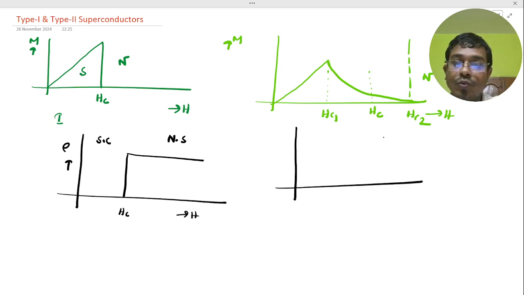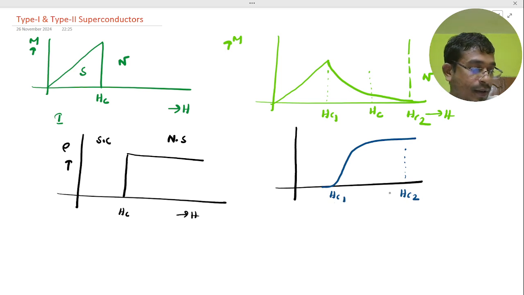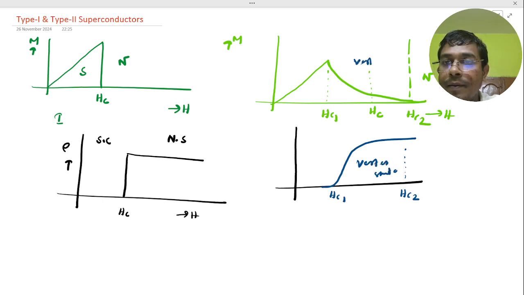And for type 2 it would look like that, where this would be HC2 and the starting point HC1, and this is the vortex state. Here we have the vortex state, rho versus H. This is for type 1 and type 2.